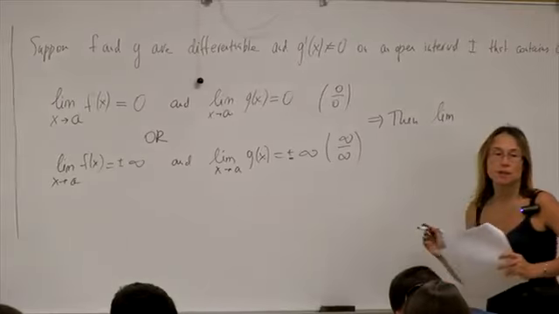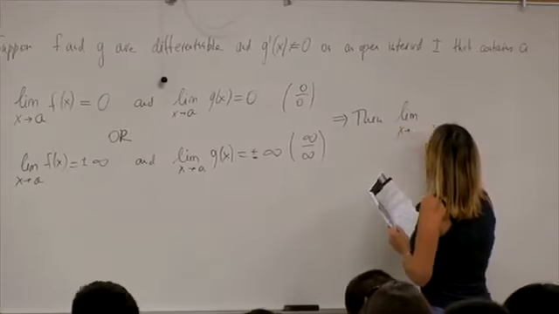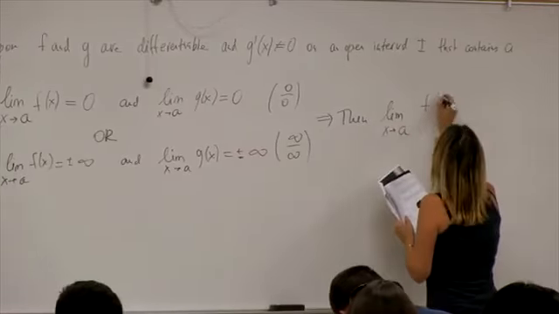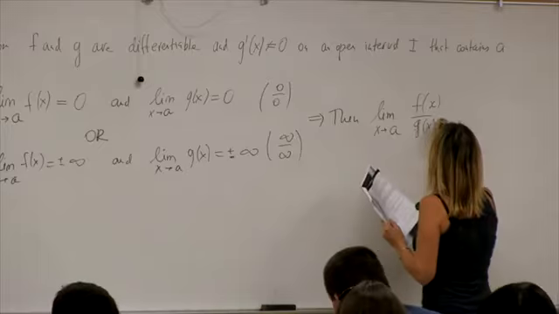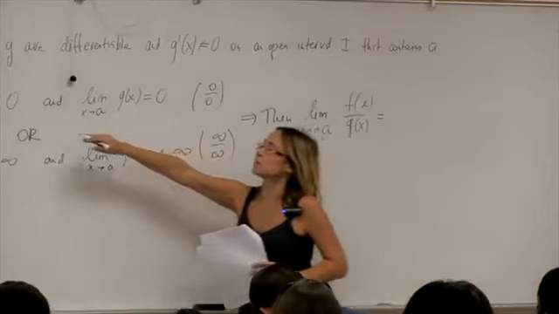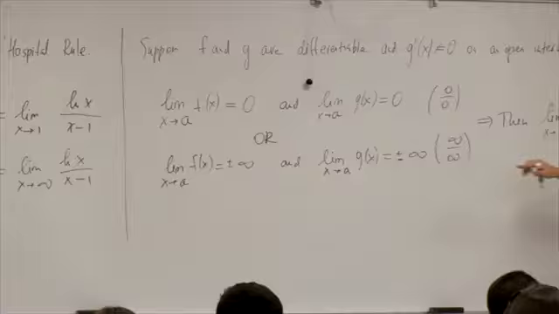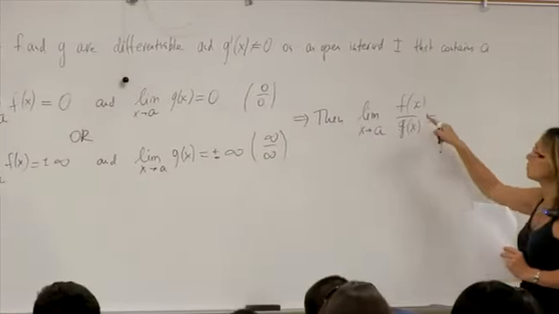we have a simple and very useful rule to evaluate the limit as x goes to A. We form the fraction of f and g. In the case outlined in the first line, we get 0 over 0. In the case outlined on the bottom line, we have infinity over infinity.